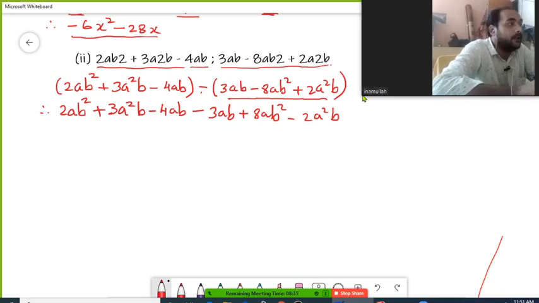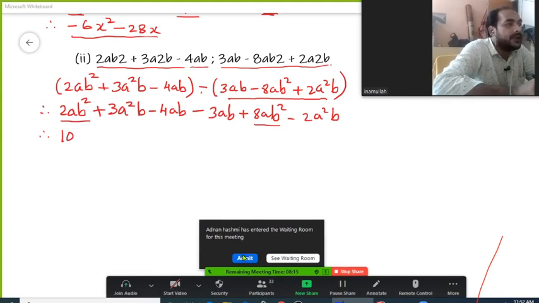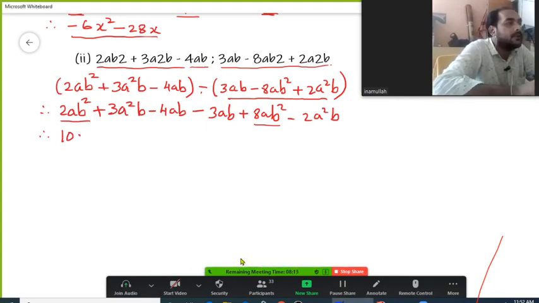Next, find the like terms to perform your addition and subtraction. So here you can see this is 2ab square, and we have 8ab square. So these two are like terms. Both are positive, so 8 plus 2 will give me 10ab square.